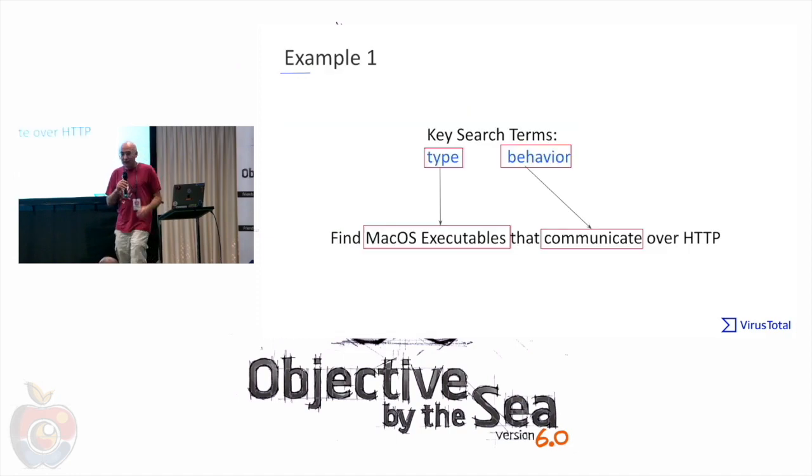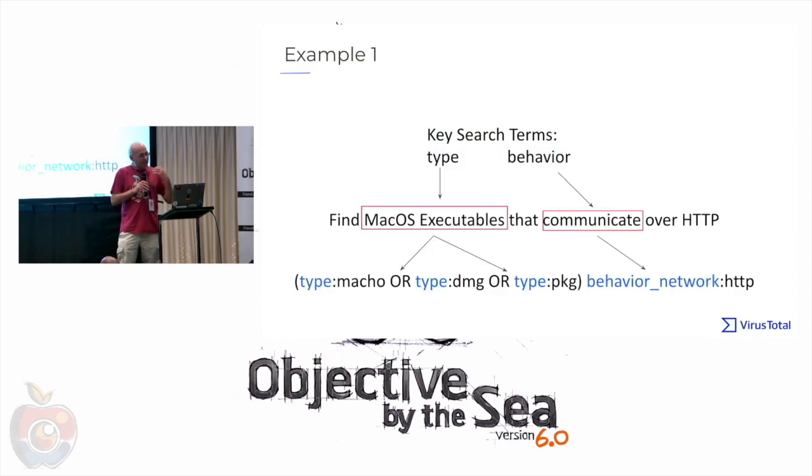So how do we search? We want to say in English what type of behavior is happening. So we say, I want to find macOS executables which communicate over HTTP. We have this human language query, but then we translate it into a VT query, which would say we want to search for type Mach-O binaries, the DMG images, or the PKG images, and on the behavior network tag over HTTP.